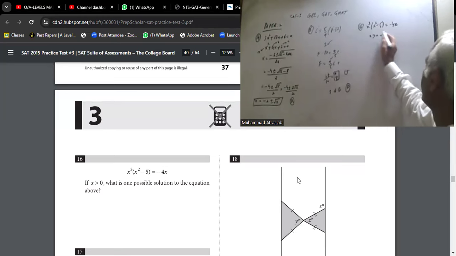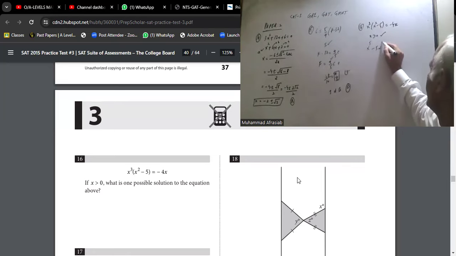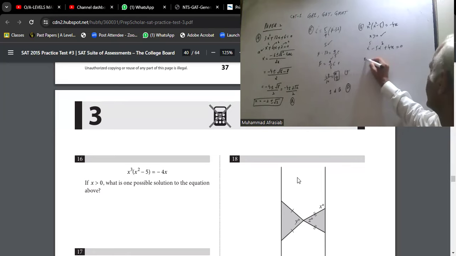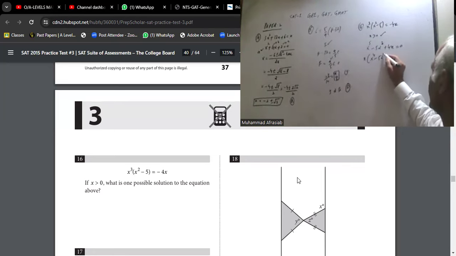So first we will shift everything to this side. If we multiply, this x to the 5 minus 5x cubed, and this minus will become plus 4x, is equal to 0. x is common: x into x to the 4 minus 5x squared plus 4 equal to 0. Now it is a quadratic equation.